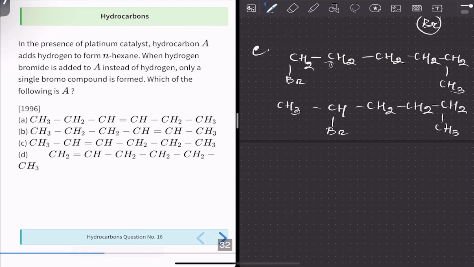So there will be two compounds formed in this reaction. So option D is also not correct, as it is forming two different compounds. So option A is the correct option here.